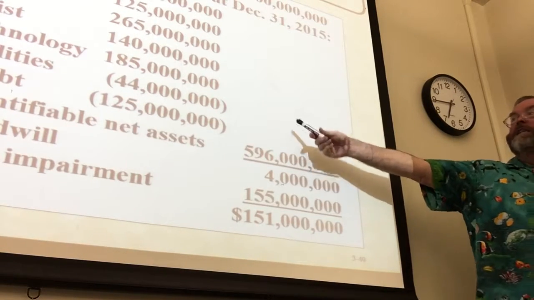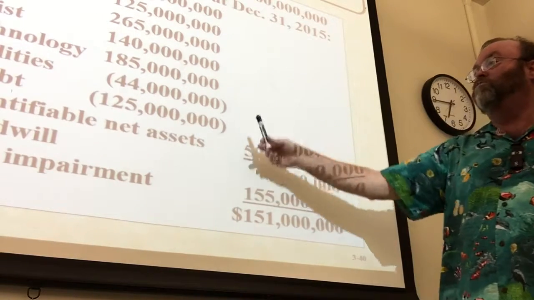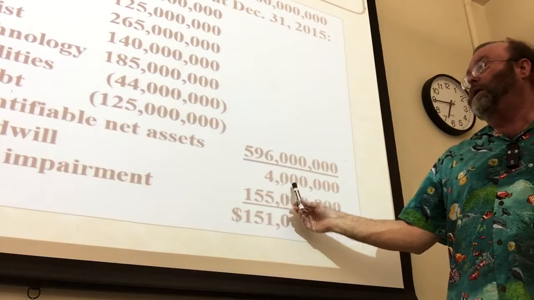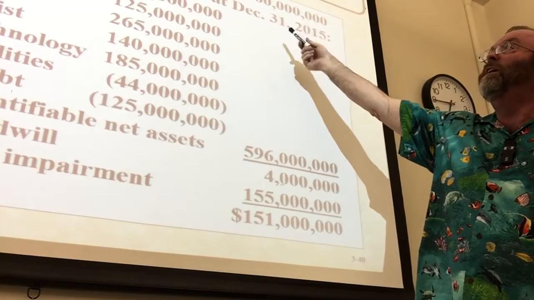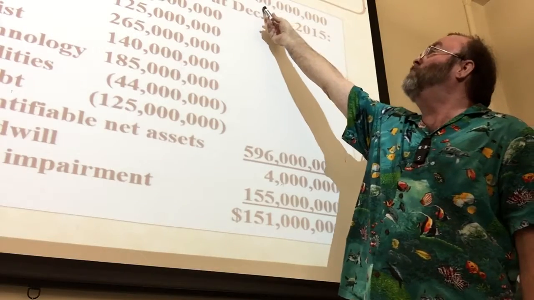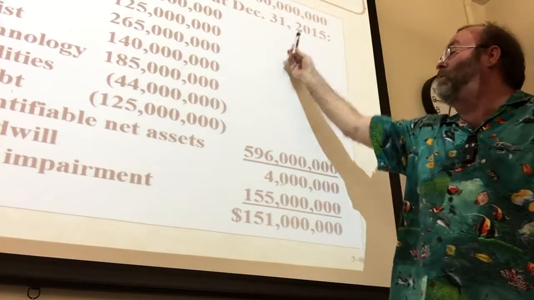See, all they're doing here at the end of 2015 is they're just reallocating the calculation. So here's the fair value of this particular subsidiary, $600,000.